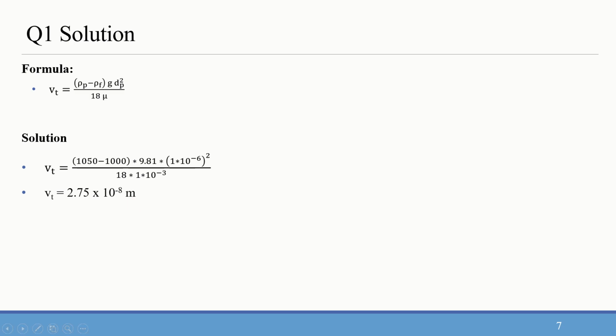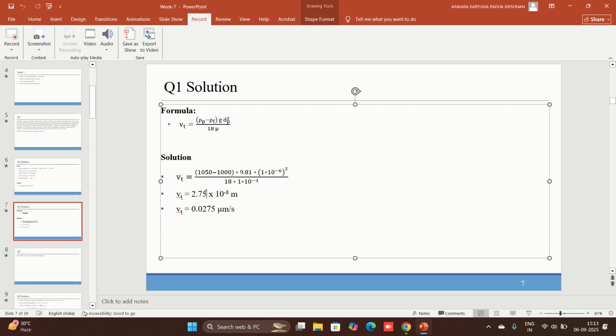Okay, 2.725 it is. And in micrometer, that will become 0.02725 micrometer per second. Oh, it is meter per second.